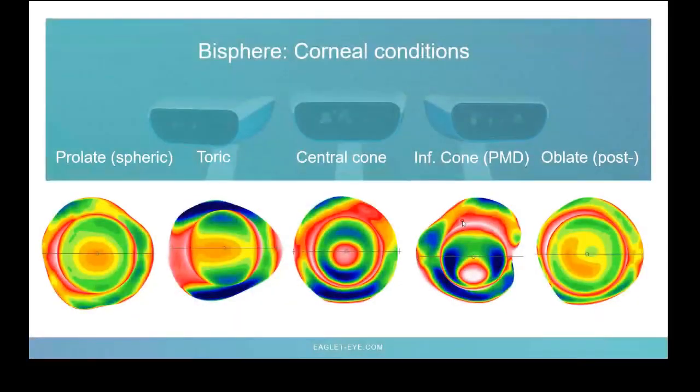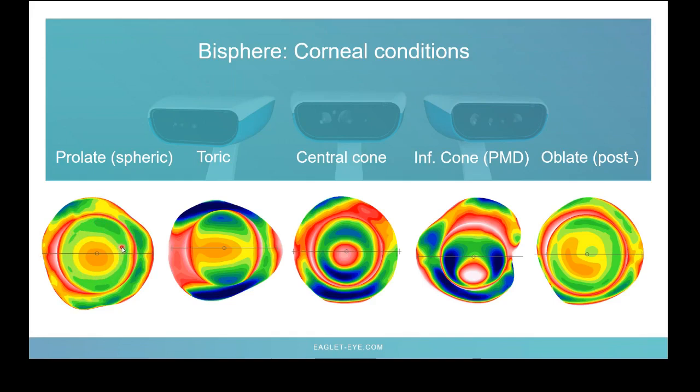And I made a summary of the conditions, and this is not a complete list, but I think this will cover most of the things you might see. So if you look at the central part of the measurement, so the corneal measurement we have taken, this is how a normal spheric eye, or a prolate eye, will look.